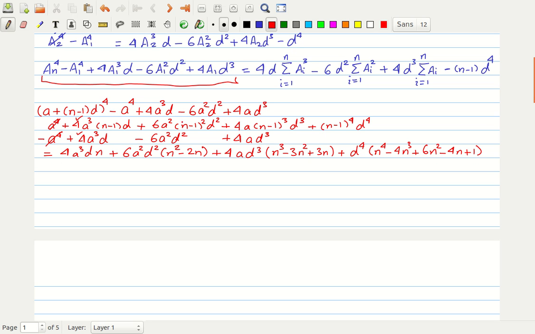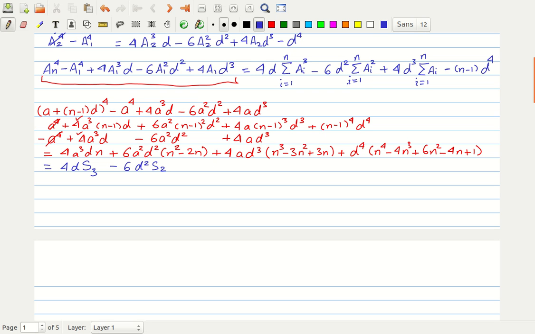Now this right hand side expanded is equal to what? Is equal to 4 times d times, let us call this sum as s. This is what we have to find, 4 times d times s, right? Or let us call it S3. S3 means sum of cubes of AP, minus 6d square S2. S2 is sum of squares of AP.